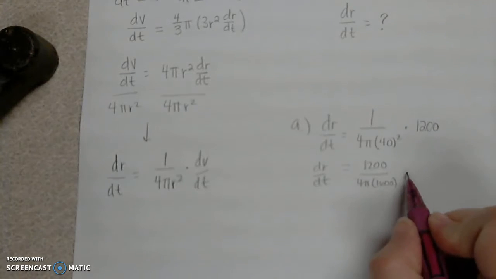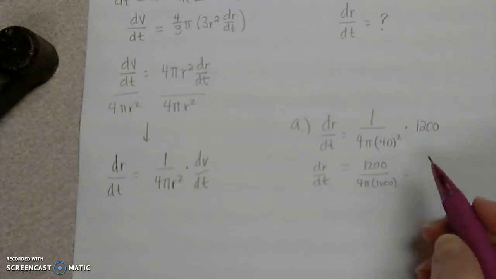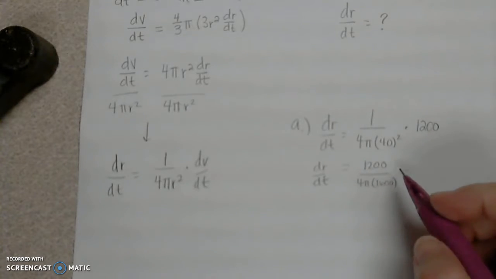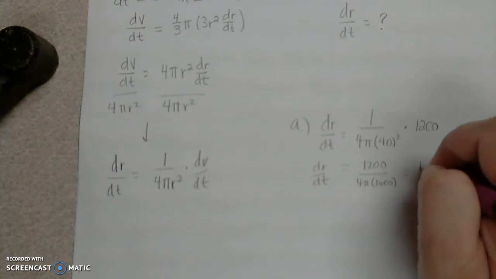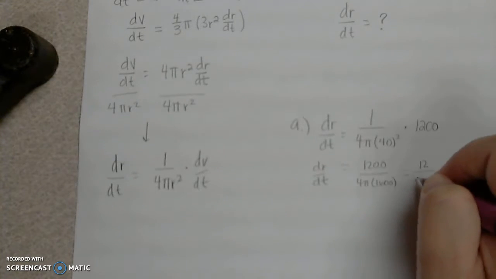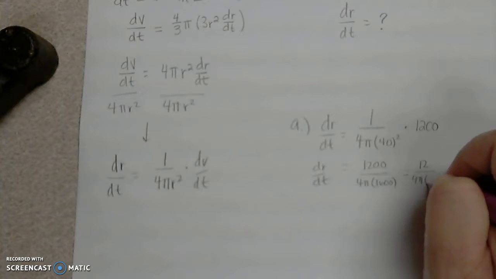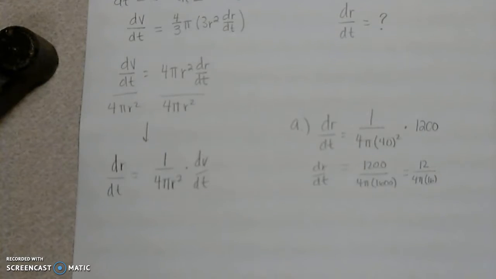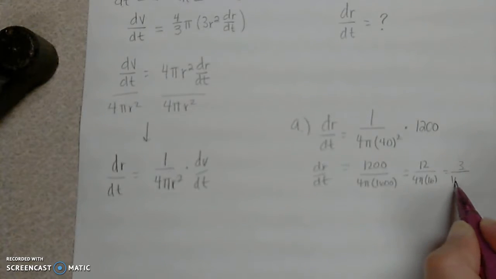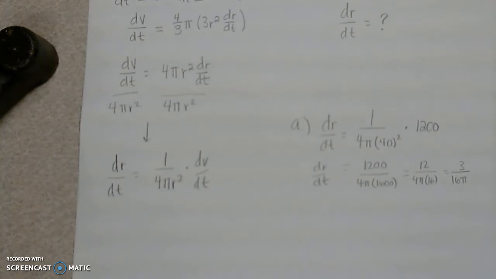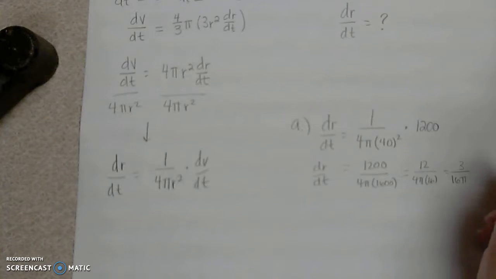Then if I do some simplification, we could simplify the 1200 and the 1600, and then say 4 going into 12 3 times, and have 3 over 16 pi centimeters per minute.